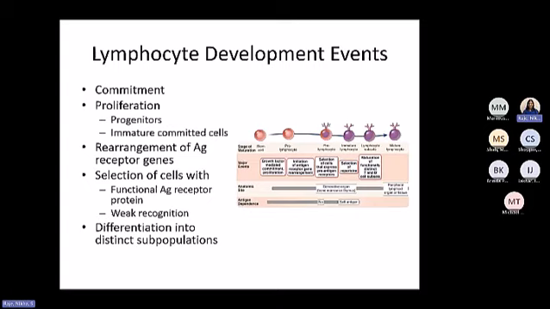So the selected cells have to have a functional antigen receptor protein, and they have to have weak recognition. And then once those immature lymphocytes undergo the selection process, they become mature lymphocytes, and then they might differentiate into distinct subpopulations. So those are the 5 different stages of lymphocyte development.